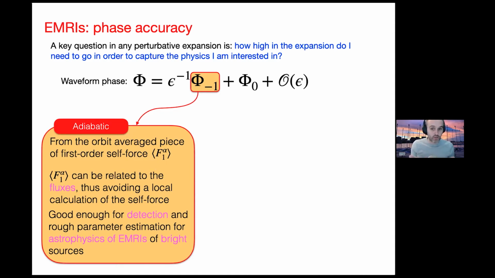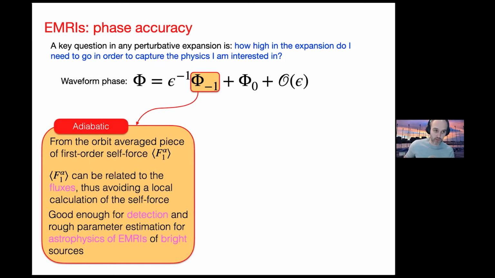If you use the Teukolsky formulation or Regge-Wheeler in the past, or you know about these things, then that's how these things are typically easily calculated. And if you just have knowledge of that orbit average piece of the first order self-force or the first order metric perturbation, then that's generally good enough for detection and rough parameter estimation, or particularly bright EMRIs.